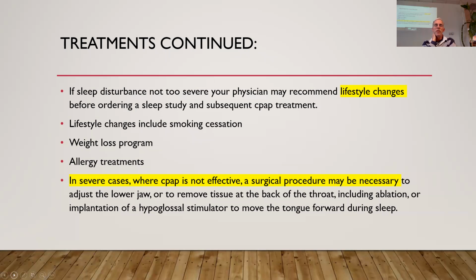Again, to remove tissue, ablate tissue, which means to shrink the tissue at the back of the throat, or getting a stimulator placed that actually is placed in the abdomen, much like a pacemaker or a spinal stimulator. This is placed in the abdomen with leads that go all the way up into your tongue. And what it does is it delivers electric signals for the tongue to move in order to open up the airway.